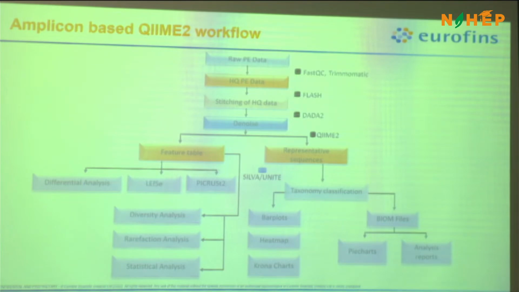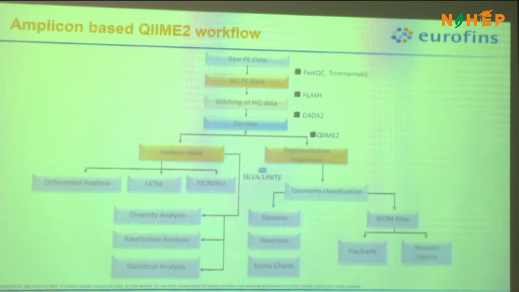identifications here. Once we have the ASVs, we have a feature table. From the feature table, we can do lots of different statistical analyses like differential analysis. These are new sorts of analysis. Differential analysis will tell you about differences between your samples, like how we do it for RNA-seq, where we talk about differential expression of genes.